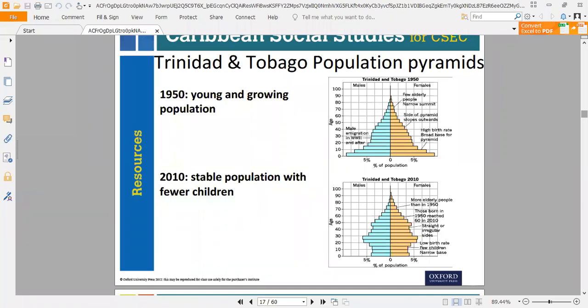All right, so once we look at the pyramid, we will see the distribution and the age ranges of the persons living in Trinidad and Tobago as of 1950. We note that the largest percentage of the population is between 0 and 5 years old, right? The smallest percentage of the population is over 85 years old, based on what we are seeing.